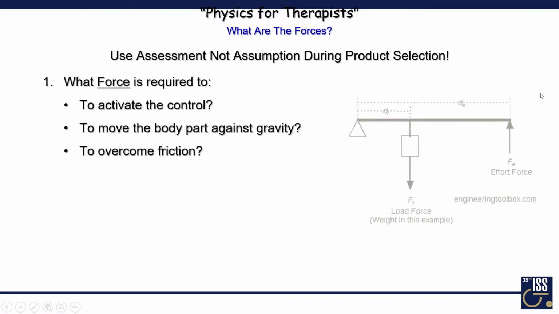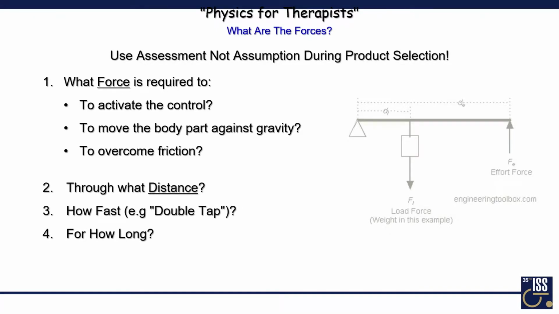Okay, and the thing we need to do is we need to use assessment, not assumption, during product selection. So when we're looking at what force is required to activate the control, to move the body part that's going to activate the control, because that's got weight to it, to move against gravity, and gravity changes depending on whether the person's upright or whether they're tilted, to overcome friction, through what type of distance do they need to move, how fast, like if somebody's trying to do a quick double tap on a head array and the head is basically a bowling ball in a Pringles can, is it realistic to think that somebody's going to do a real quick tap if they have a fusion or they have ALS?